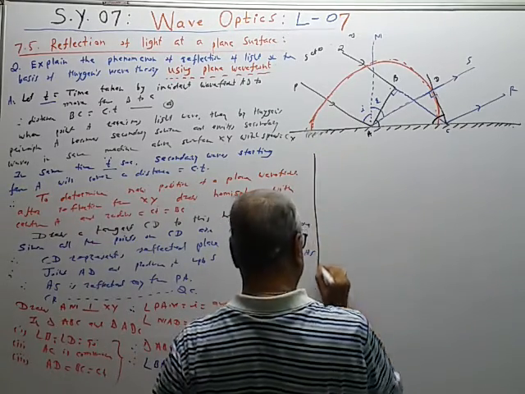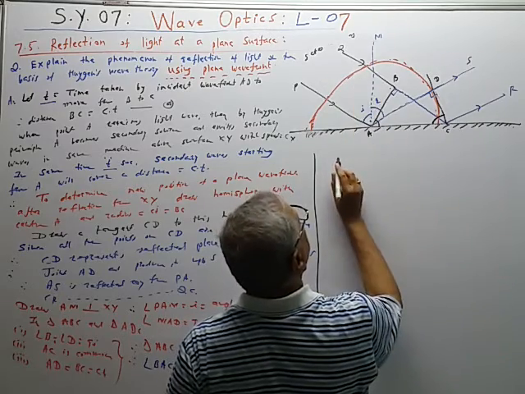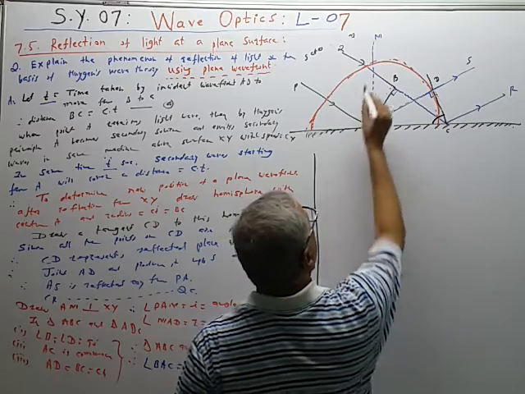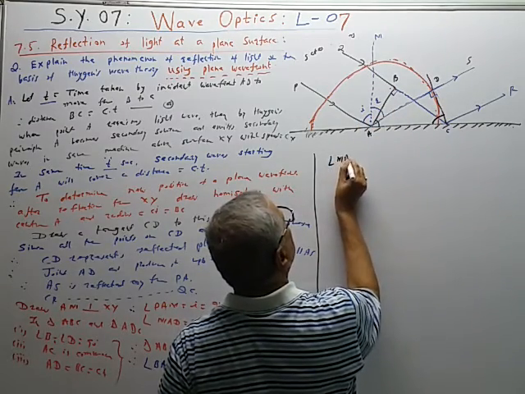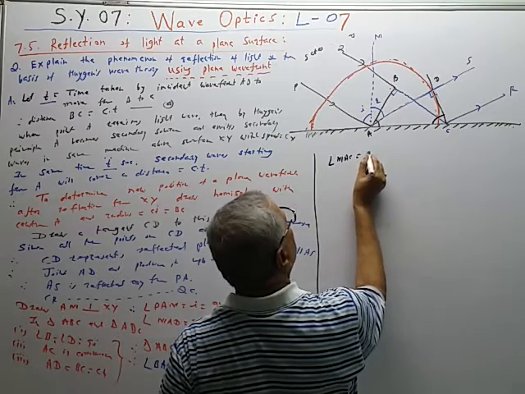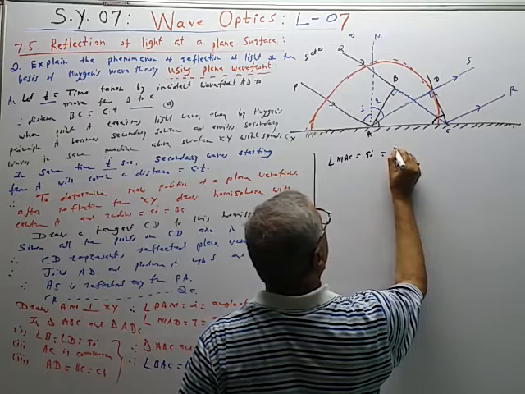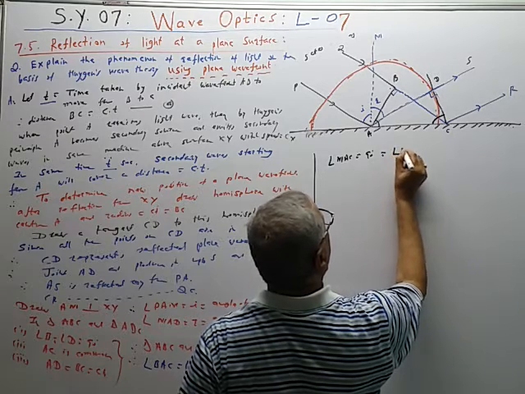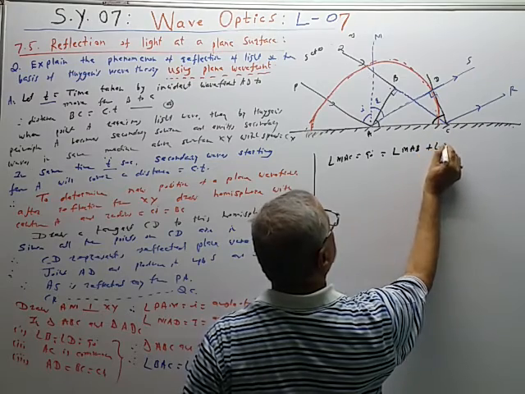So here angle MAC is equal to 90 degree, but angle MAC is equal to angle MAB plus angle BAC.